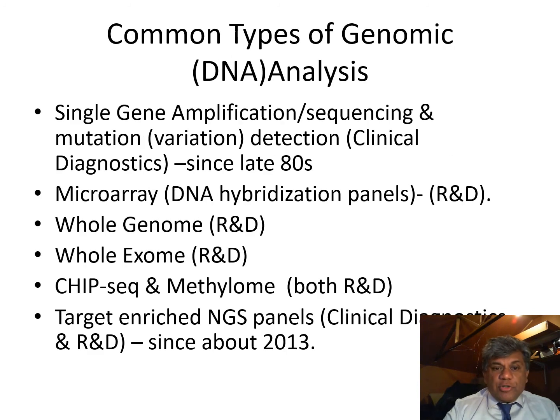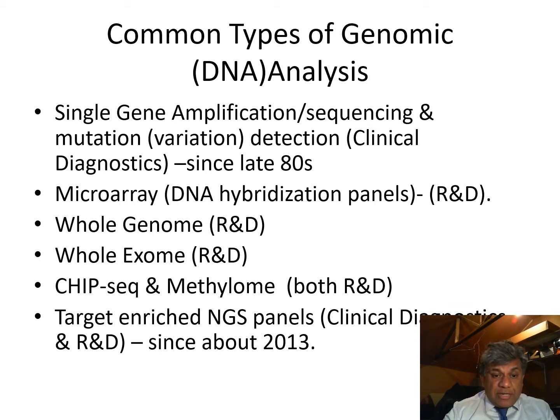On this slide, I'm going to talk about common types of genomic analysis which uses DNA as a starting material. One of the first analytical procedures was a single gene amplification followed by sequencing and mutation or variation detection. That particular analytical procedure was started in the late 80s and has survived for quite a few decades after that.